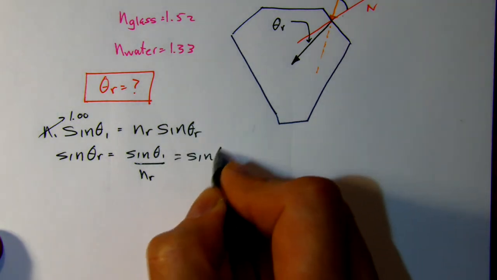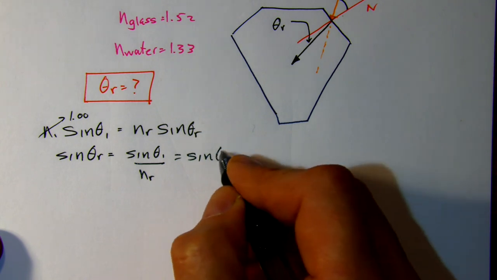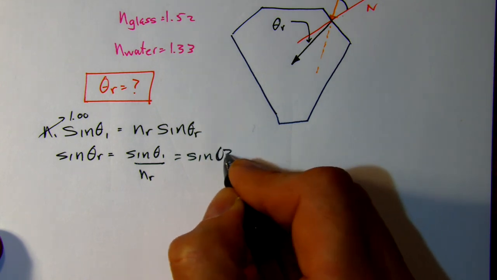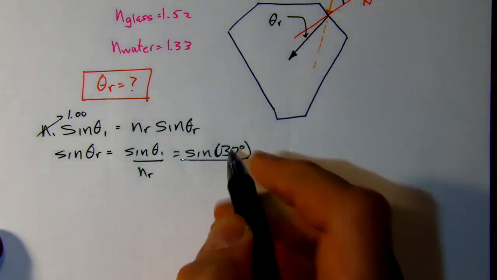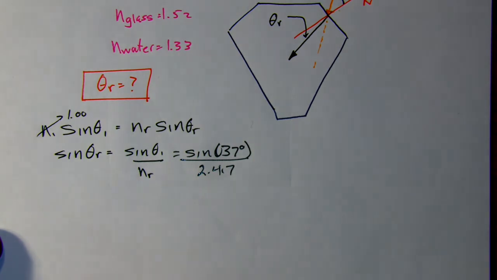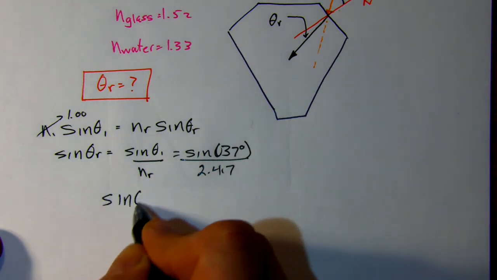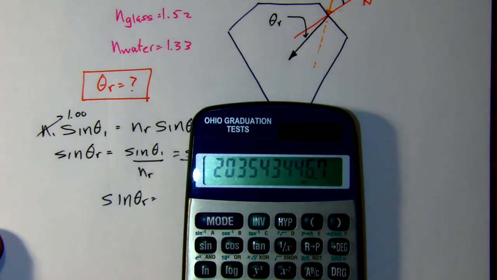So we had, I'm sorry, this should be 37. There we go, 37 degrees. How about that? Okay, sine of 37 degrees divided by the 2.417. Okay, now remember, that's going to be sine theta r. So clear?